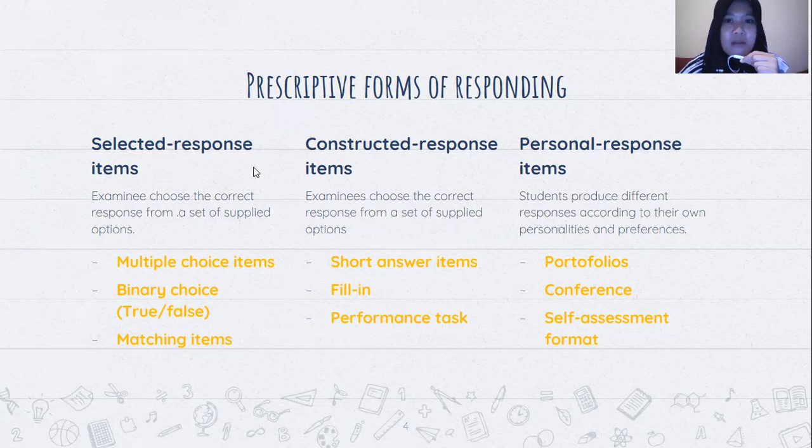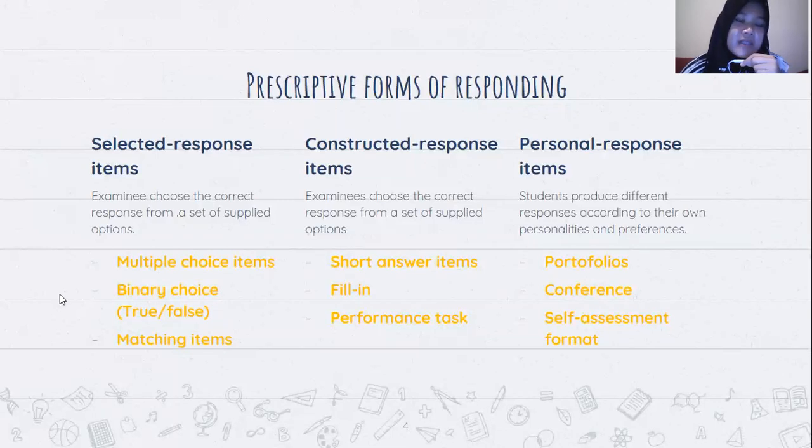prescriptive forms of responding. The first one can be selected response items in which the examinee chooses the correct response from a set of supplied options. So the answers to the questions are available in some choices.